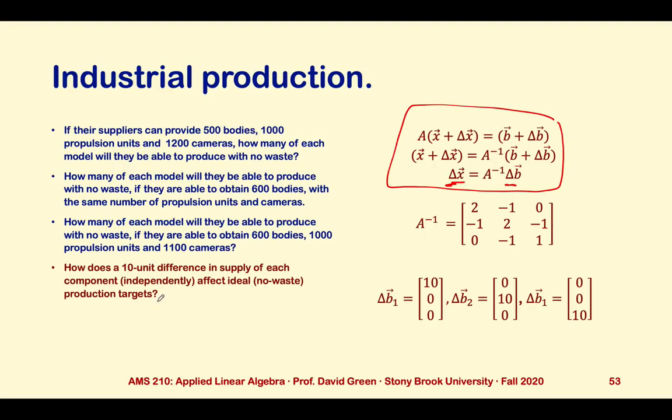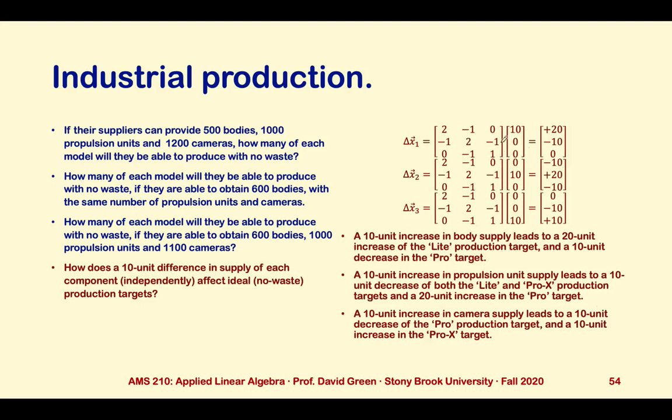That means that we can address this question by simply creating 3 separate difference vectors, one changing only one type of supply value by 10, and leaving everything else as zeros. We then can figure out what the delta x for each of these is, simply by plugging this vector in, multiplying by the inverse. These are going to be very easy because of all of the zeros.